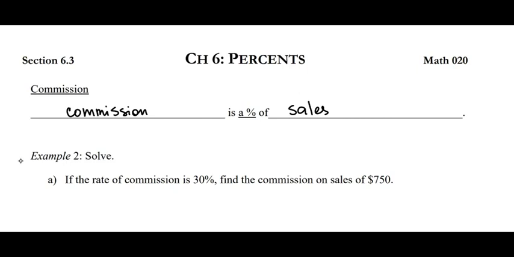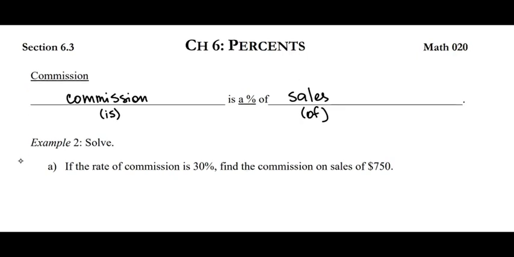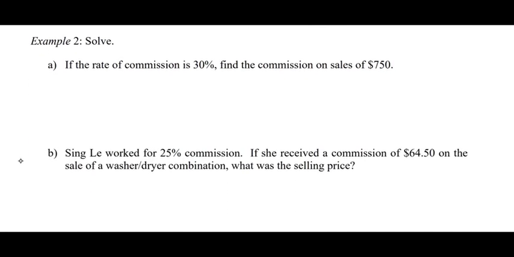All right. So again, when we set up our percent proportion, commission is going to be the "is," and the sales is going to be the "of." All right. So let's go ahead and look at a couple of problems that we have.